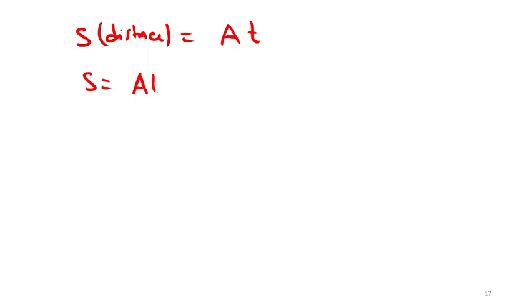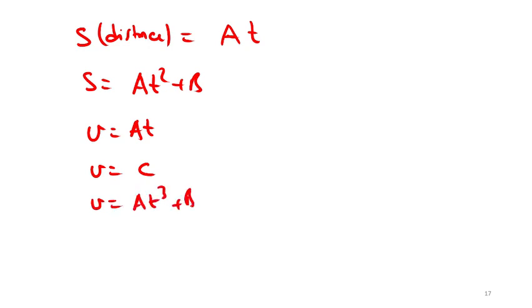So if we follow the overall cases, we can say that the distance s can be a linear relationship, or it can be a parabolic one, or velocity can be a linear relationship, velocity can be constant, velocity can be a cubic one, etc. So these are the variables.